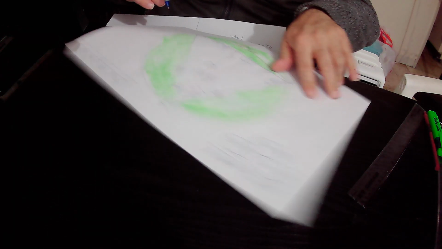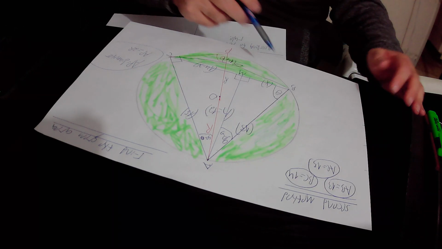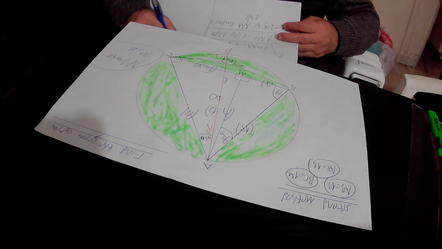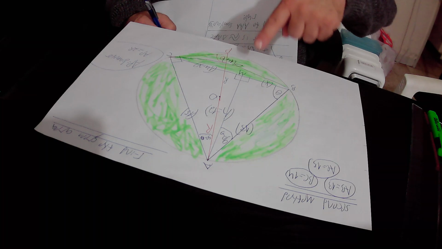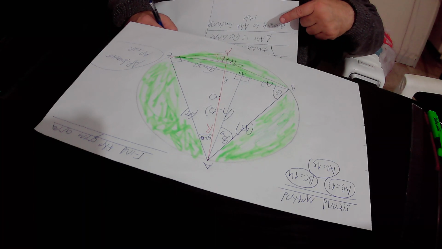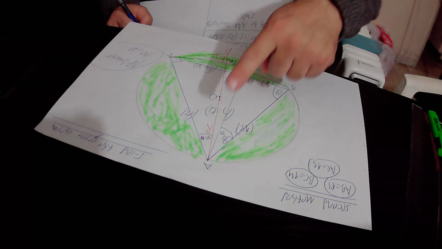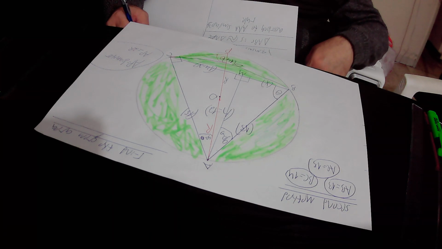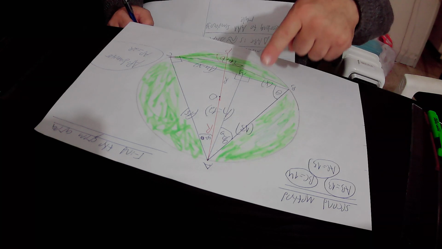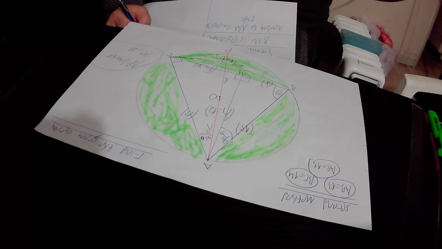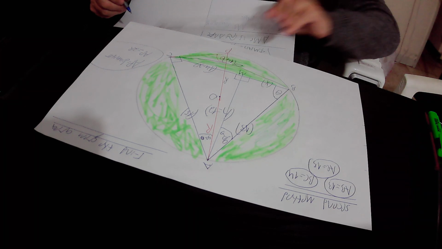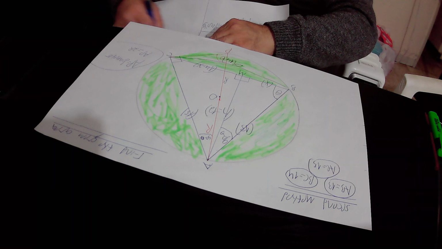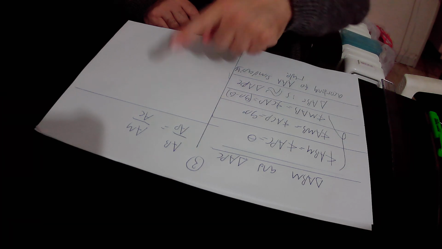We derive that AB in triangle ABM over AP in triangle APC equals AM in triangle ABM over AC in triangle ACP. Repeat again. We derive that AB over AP equals AM over AC.